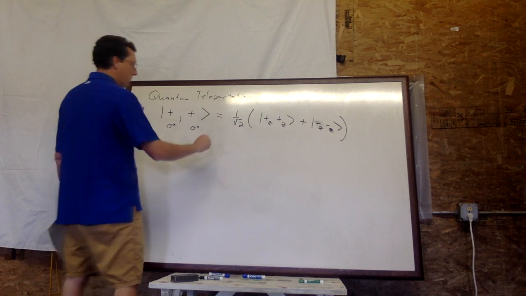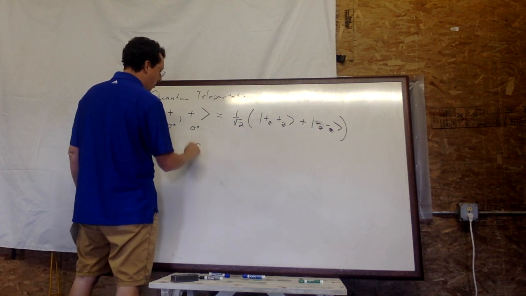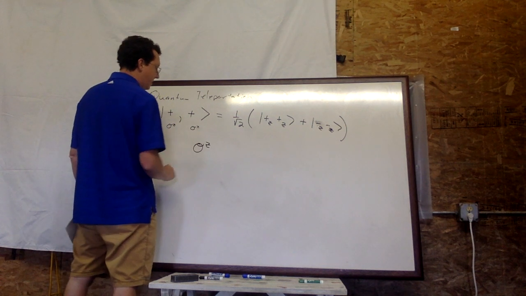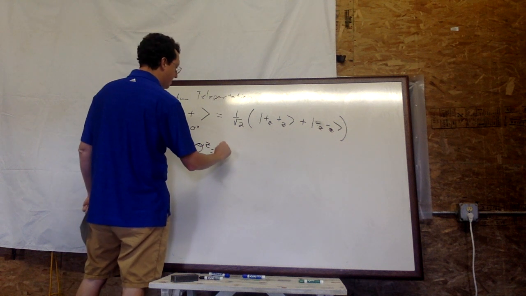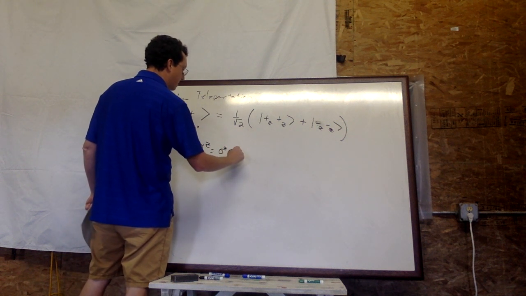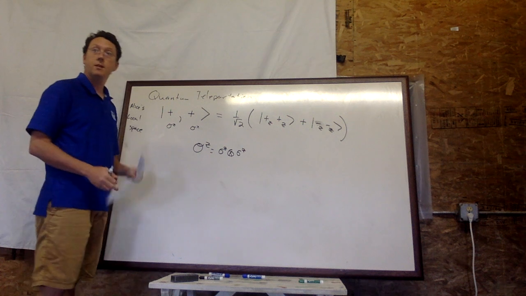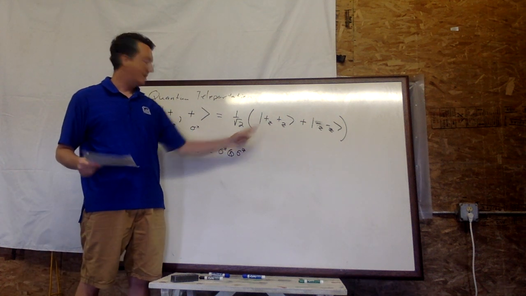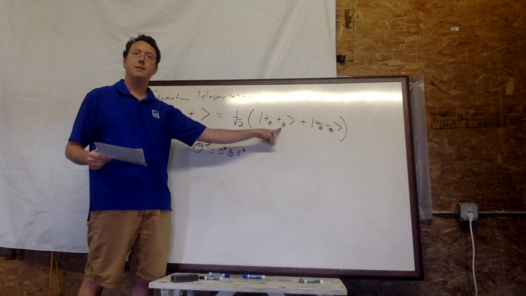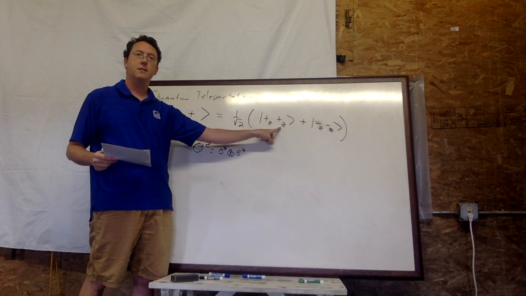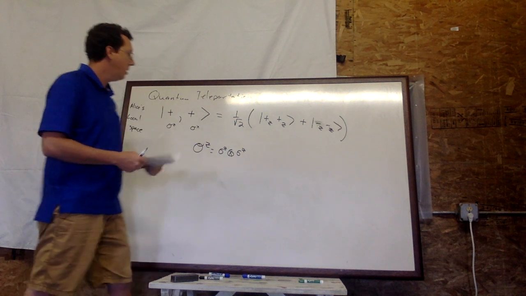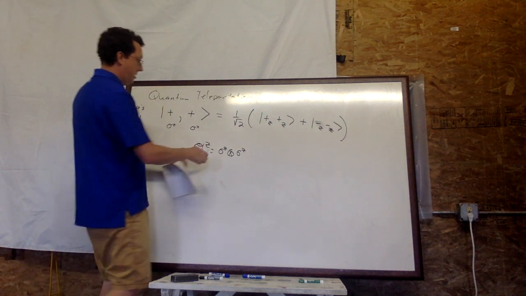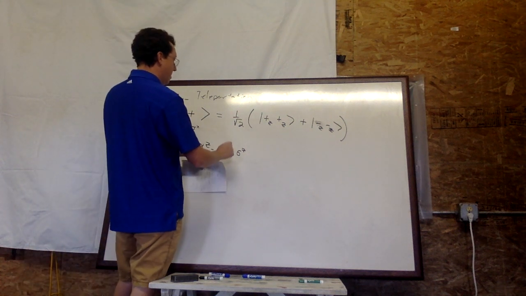Here's what I want you to do. Apply OZ to this. Remember, OZ was sigma z tensor sigma z. And the first bit acts only on the first, and the second bit acts only on the second. Okay? So, let's see how this works.